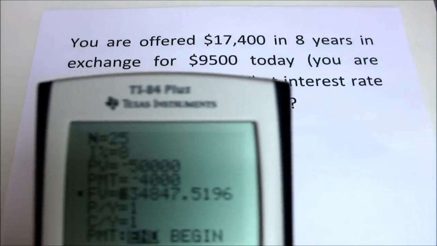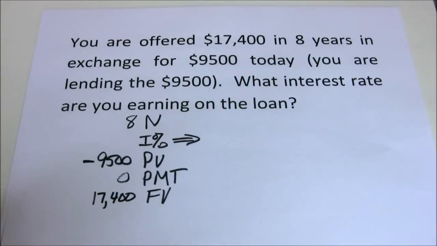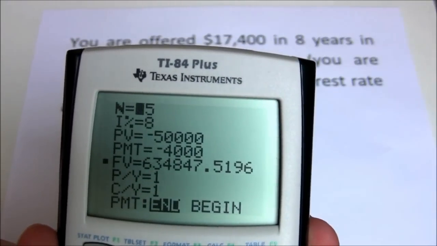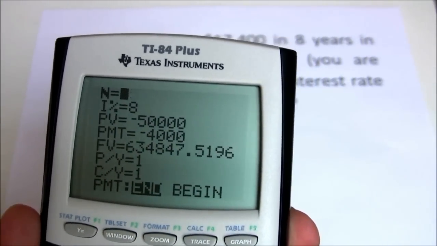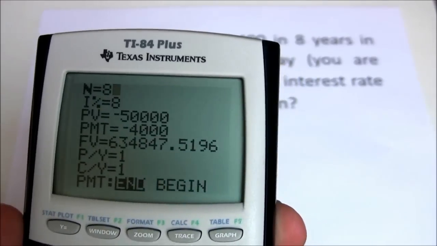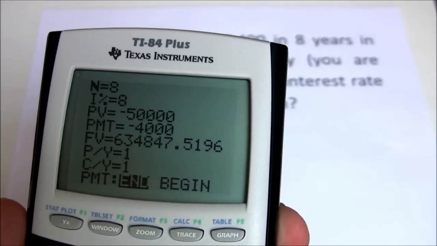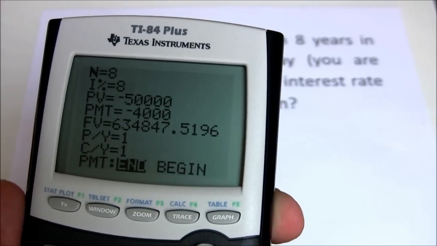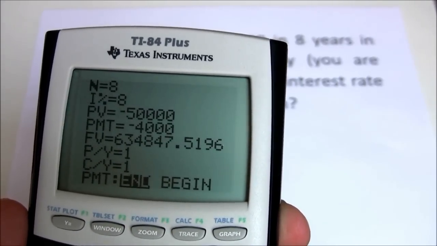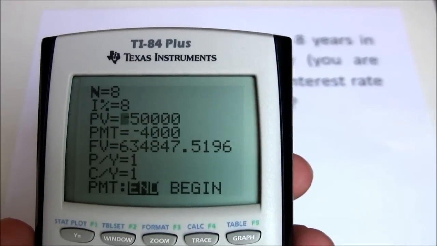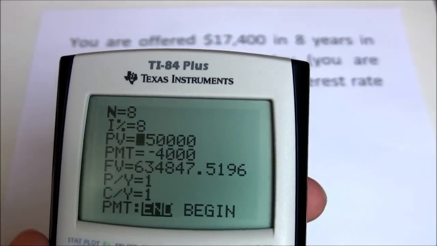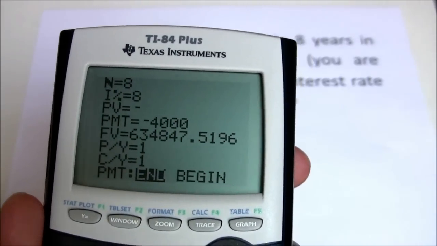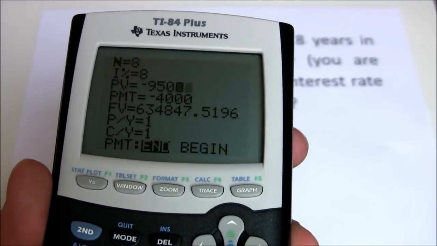Go to my time value of money solver. 8 for my N. Let's just move on up to the N. Clear that out. Put in 8. Go down. Clear out the interest rate. Oops. Just going to put an 8 back in there for now. That's the last one, so we've got to come back and solve that at the end. Our present value, clear that out, negative 9,500.